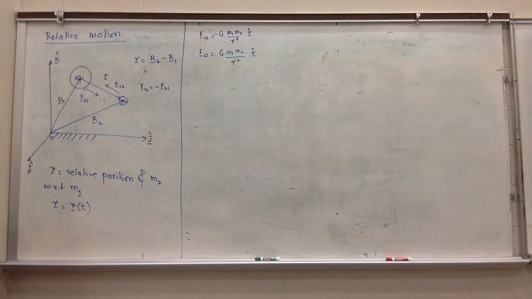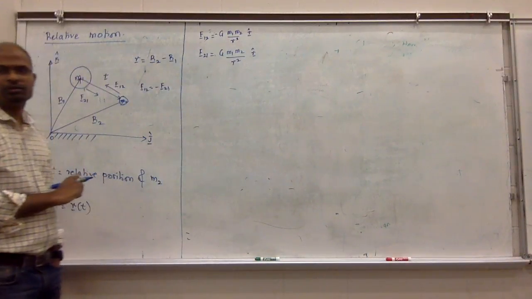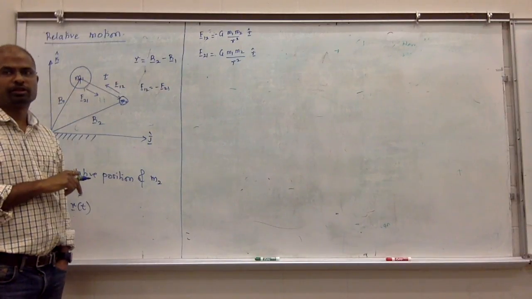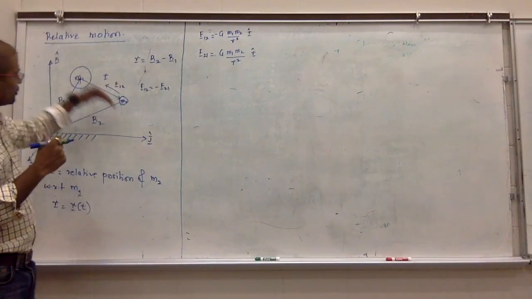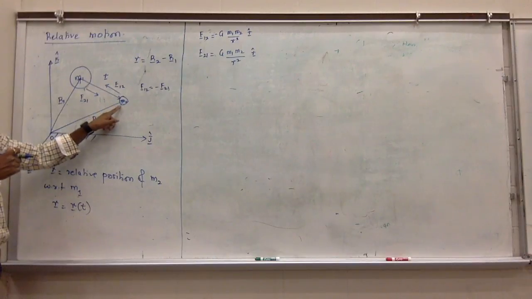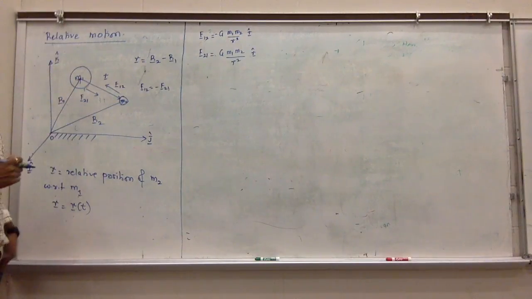Right. So this R, which direction is this R vector? So that R cap is what direction? It's this direction, right? So we have defined R as from here to here. So R cap is in that direction. Okay. G itself is not negative.